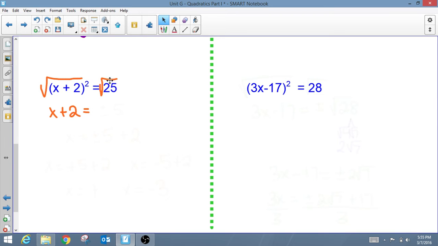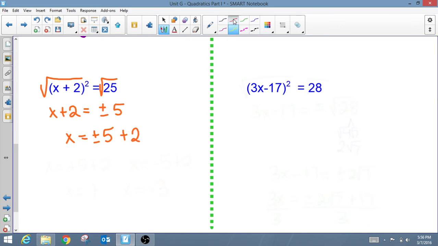Equals, we can take the square root of 25, so we will have a positive 5 and a negative 5. Now you can leave that plus and minus 5 in there. And when we subtract the 2 to the other side, we would get x equals plus and minus 5 plus 2, that should be a minus 2.